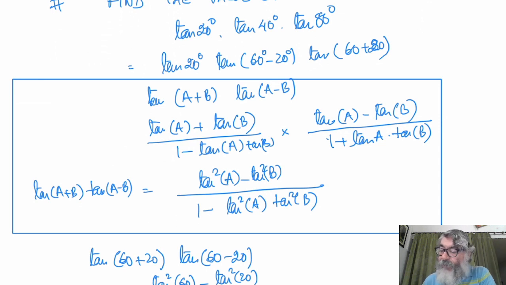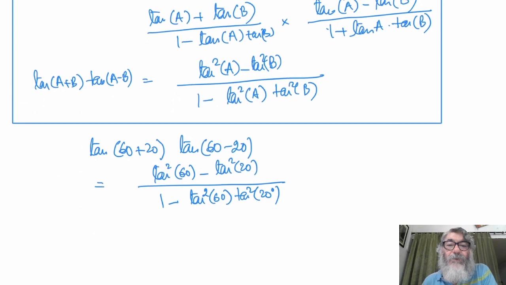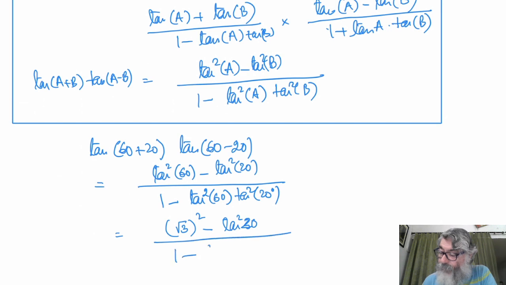That is what the application was: tan² a minus tan² b upon 1 minus tan² a tan² b. Now let us put the values. The value of tan 60 is root 3, so root 3 whole square minus tan² 20 upon 1 minus root 3 whole square and tan² 20.